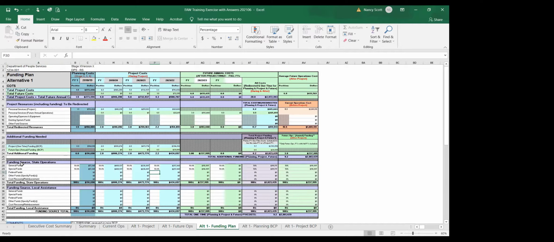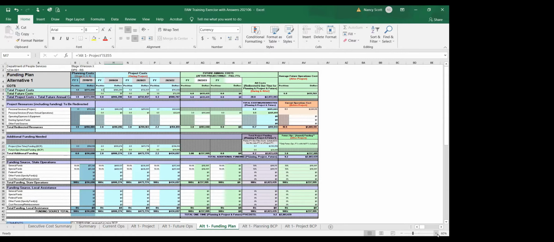If, for instance, I have some funding that is existing or operating OE&E, and I know I'm not going to need a BCP for it, there is an area right here between rows 14 and 16, where I can show that I'm using existing funds for that portion.